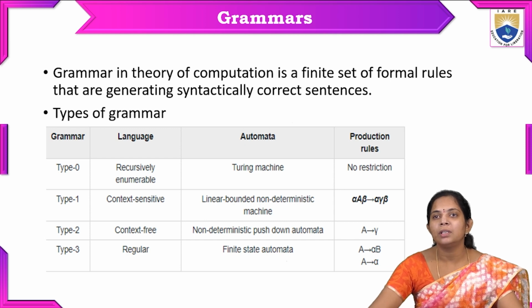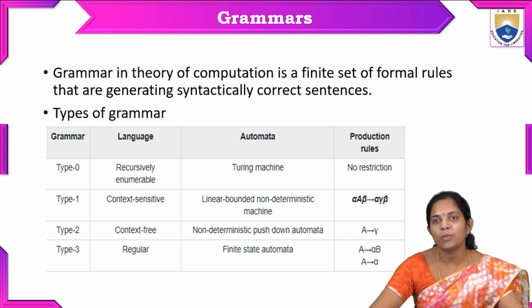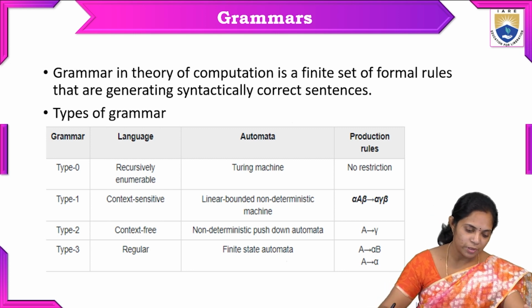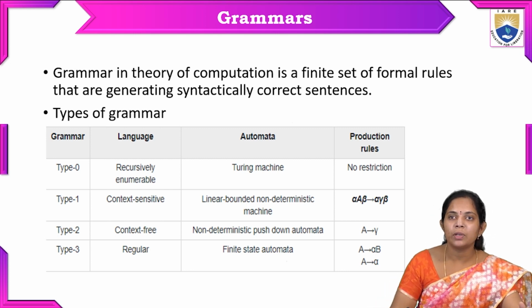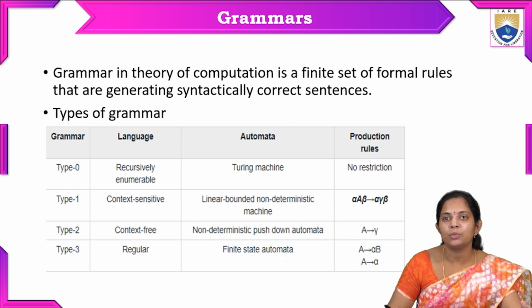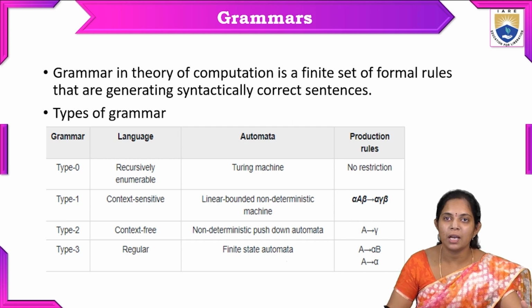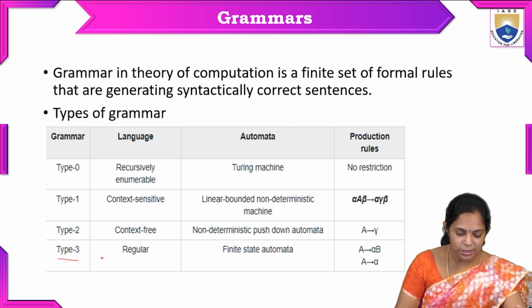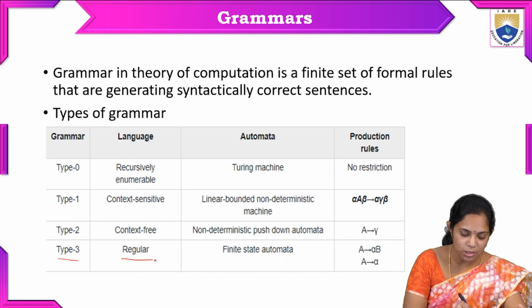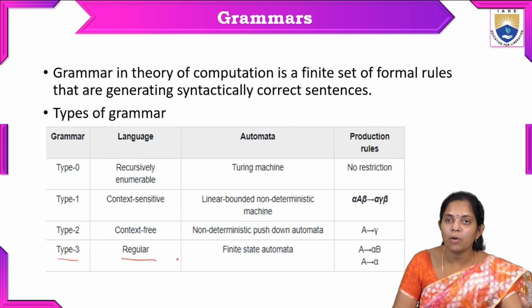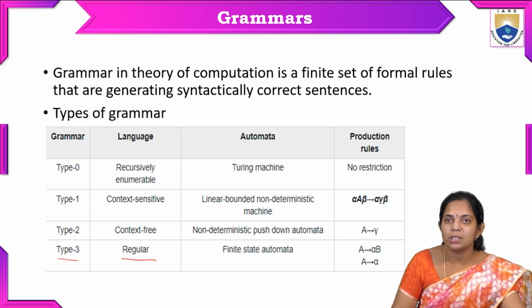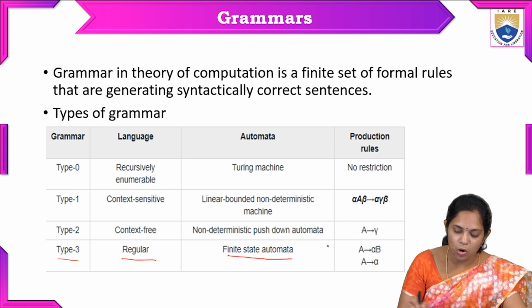And what are the grammars? How many types of grammars are there in the theory of computation? In the first videos we discussed type 1, type 2 and type 3 languages, and here we will discuss type 3 languages. We are discussing regular languages, and the automata for those regular languages is the finite state automata.